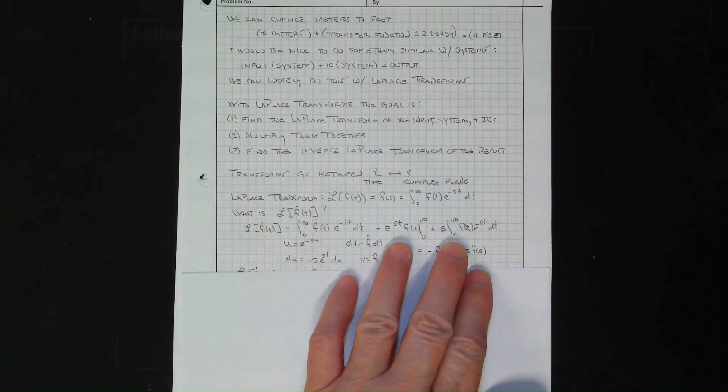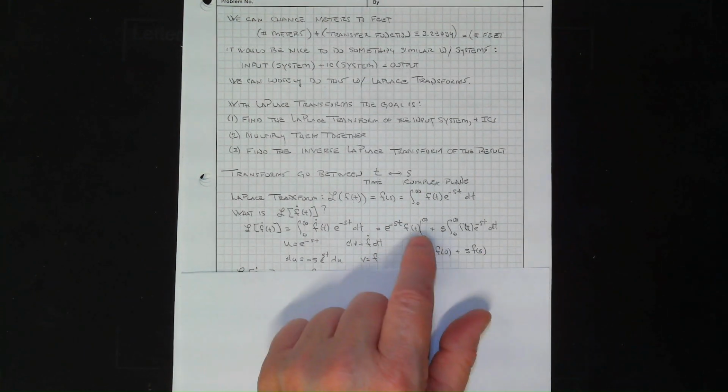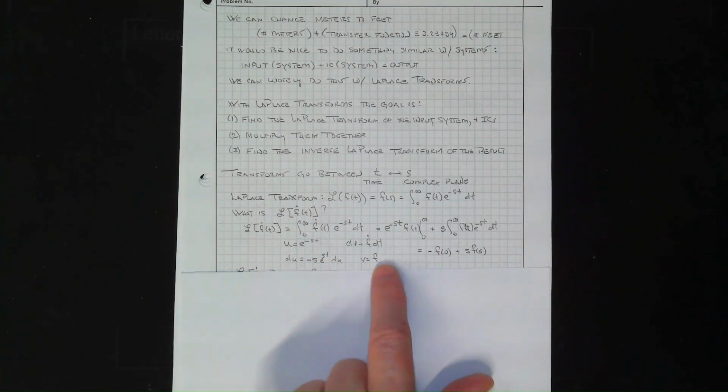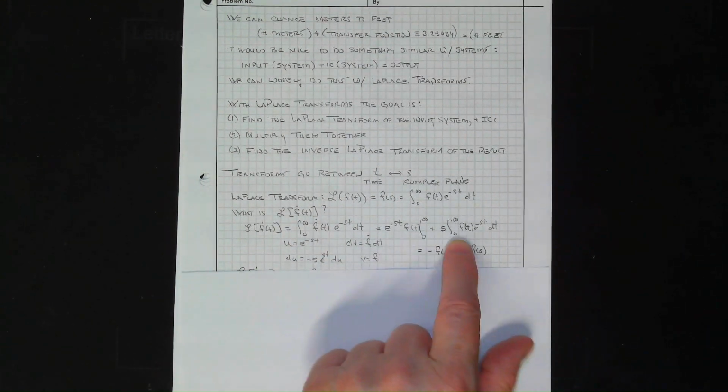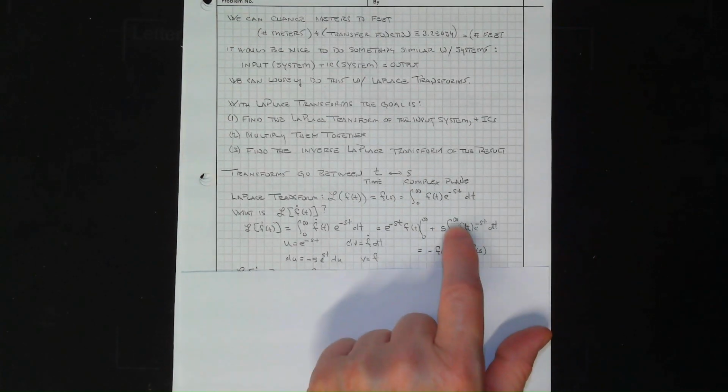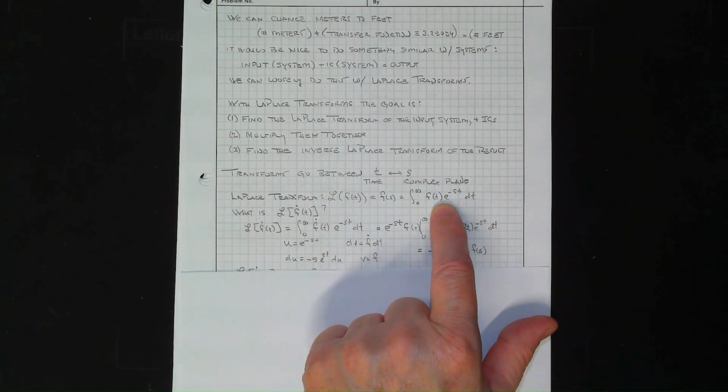If you substitute all this in, we have e^(-st) f(t) evaluated from 0 to infinity, and here we now have s times the same integral we had before.